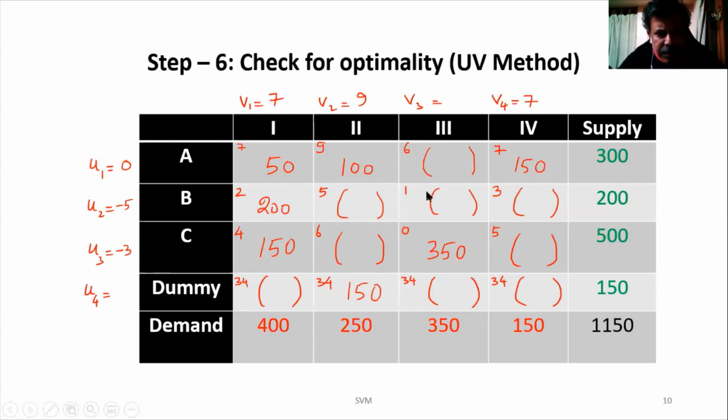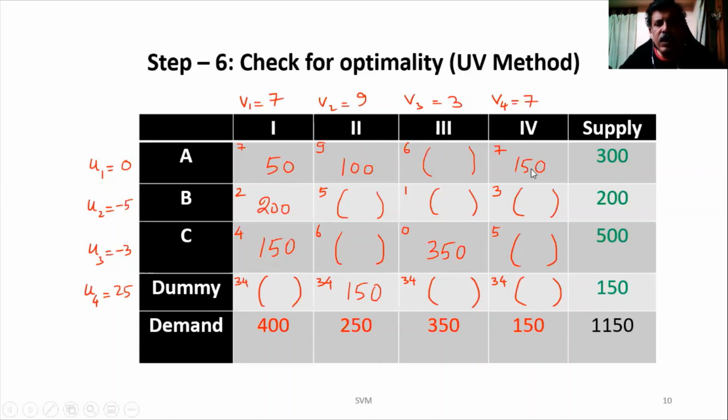Minus 3 plus something, I should get 0. So that means this something should be 3. We can come down. 9 plus something, I should get this 34 because there is an allocation here. That means this something should be 25. Now we got all Uis and Vjs.